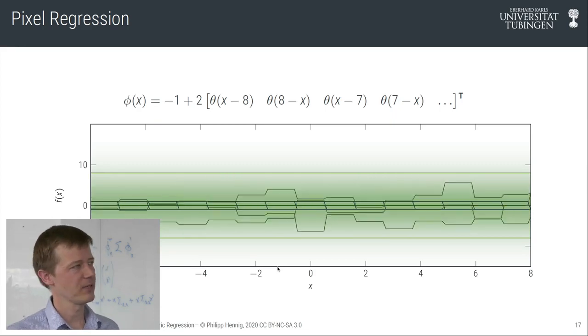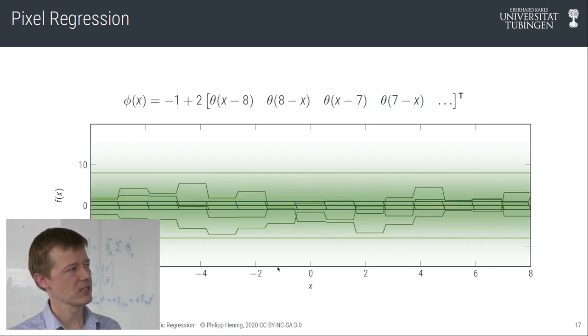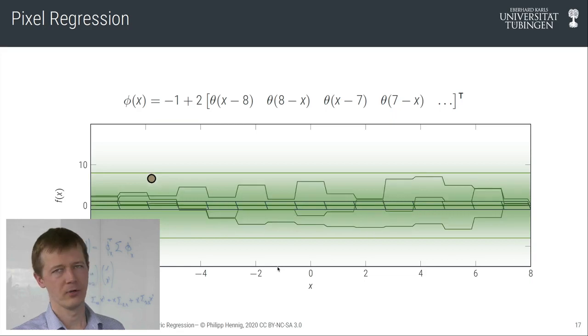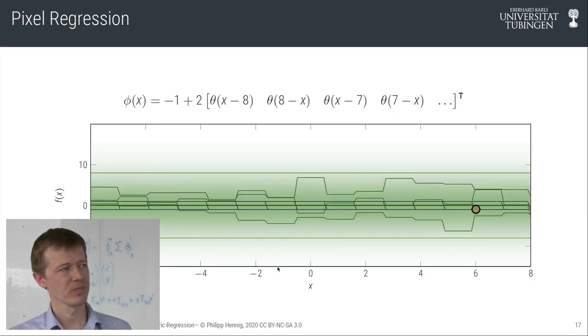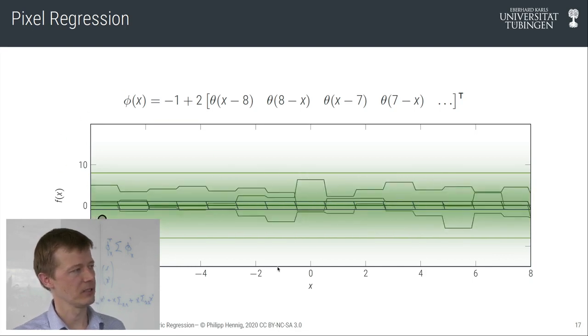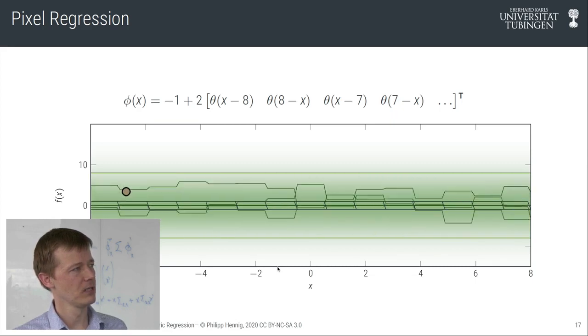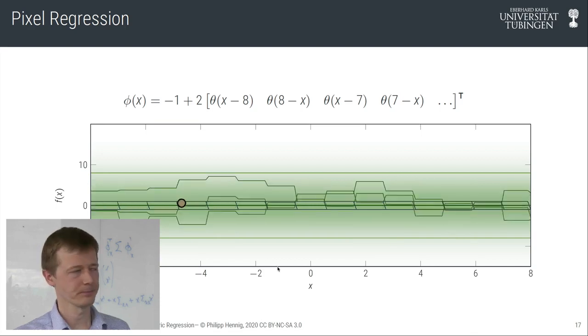One kind of step function is this one. These are step functions that start at -1 and then move up to +1 at some point, and each function moves at a different point. Here, the first one moves down from +1 to -1, and here's the next one from +1 to -1, and so on.